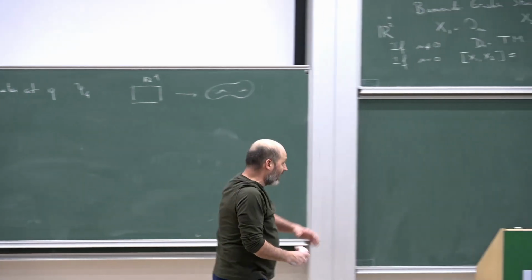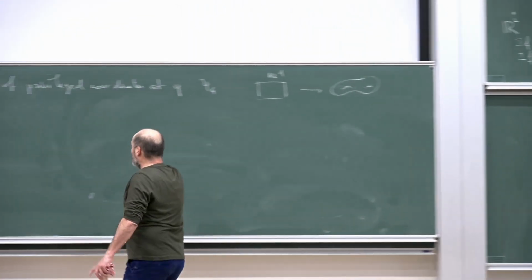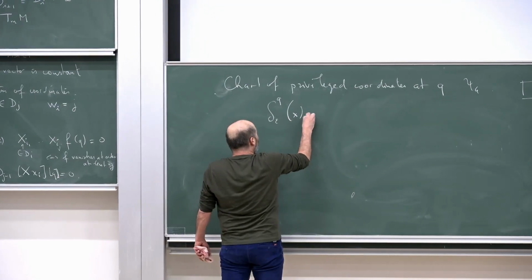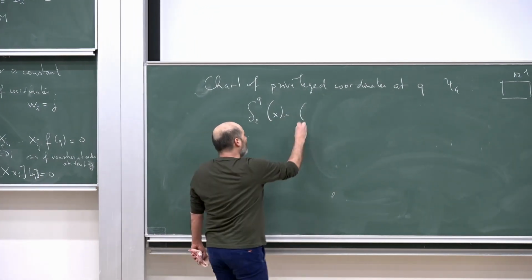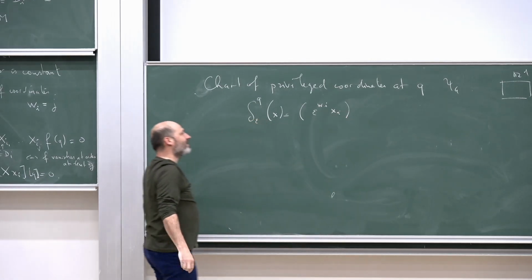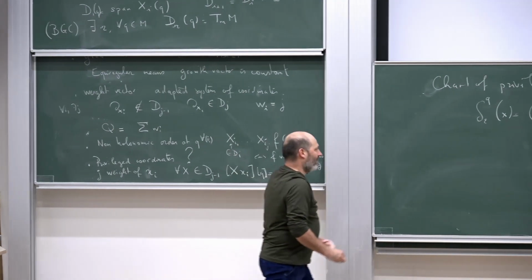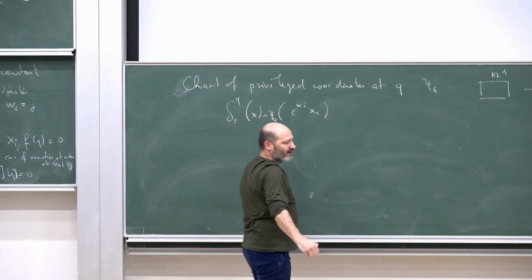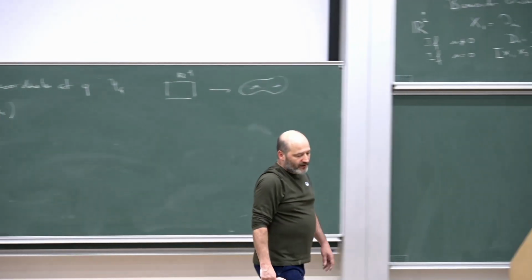But what you do is you define delta epsilon q of x by multiplying each coordinate by epsilon to the power of its weight, and then you transport that onto the manifold.